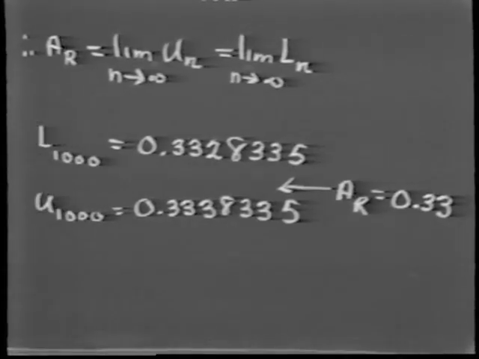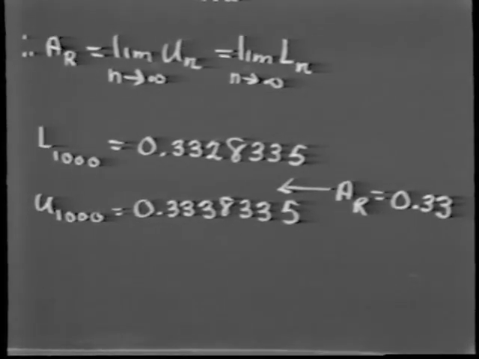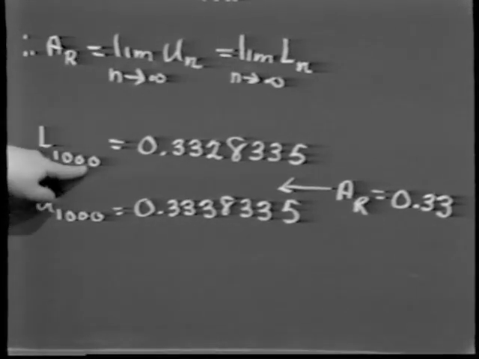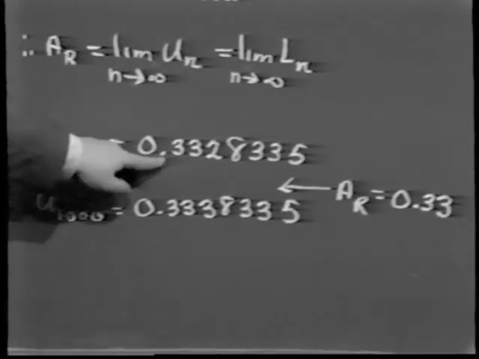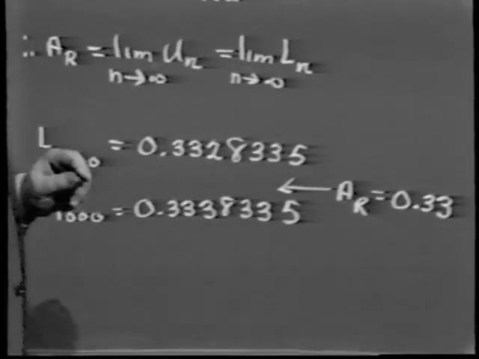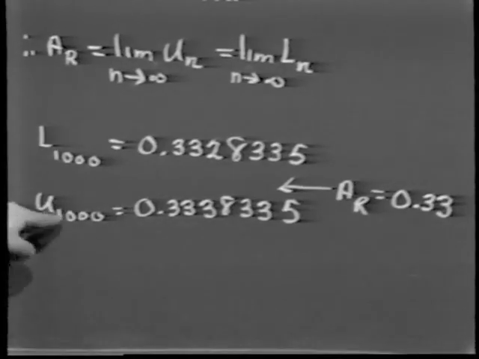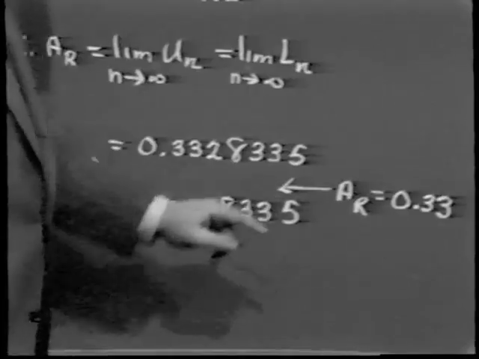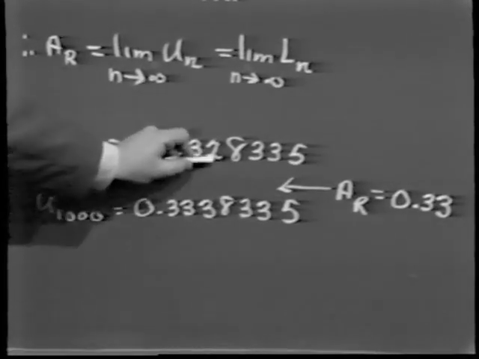In other words, if we divided this region into 1,000 equal parts and took the network of circumscribed rectangles and inscribed rectangles, it would turn out that the area of the inscribed rectangles would be 0.3328335. And for the circumscribed rectangles, 0.3338335.